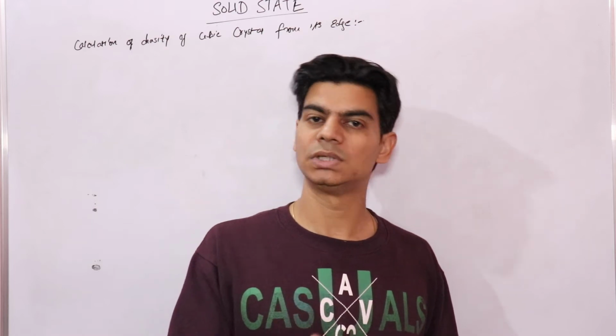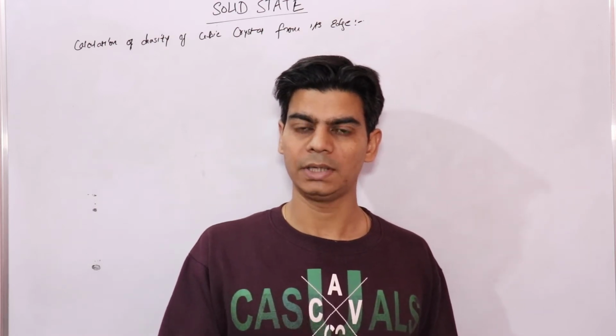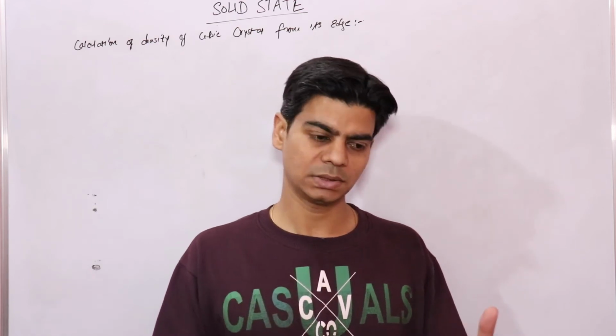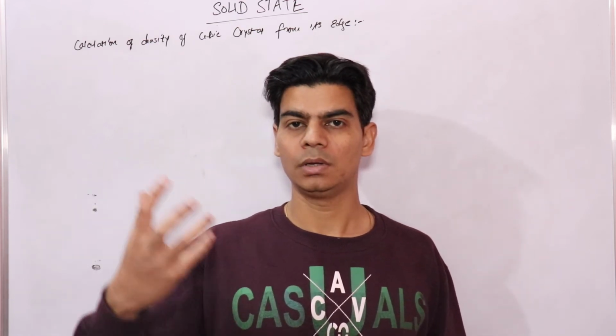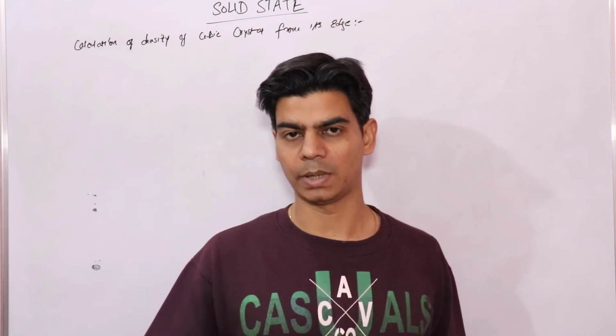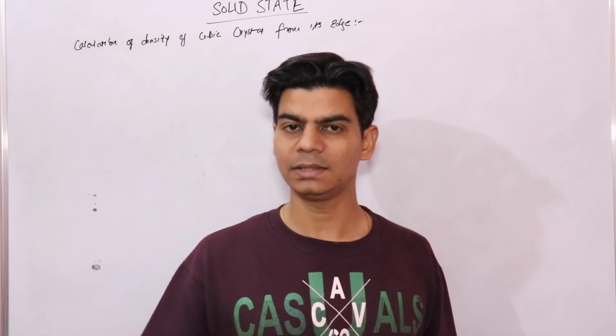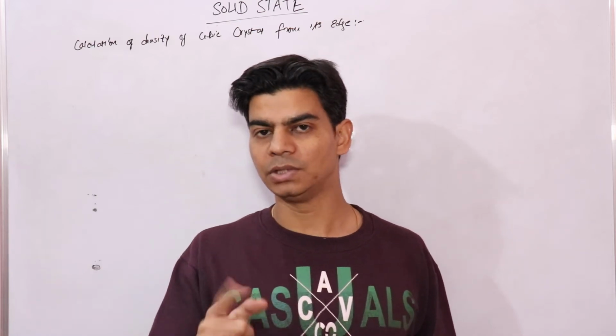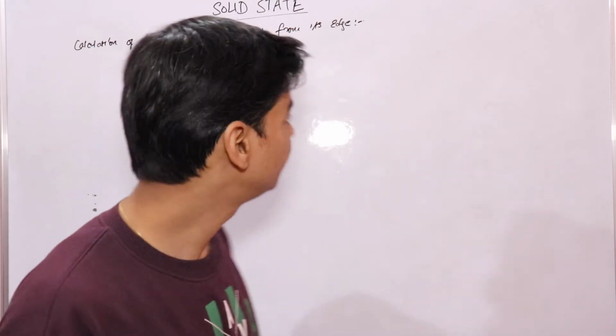First, we would be using the concept of mole, right? We know that atomic mass is nothing but the mass of Avogadro's number of particles, right? And the second thing is we will be using the formula of density, which is mass per unit volume, right?